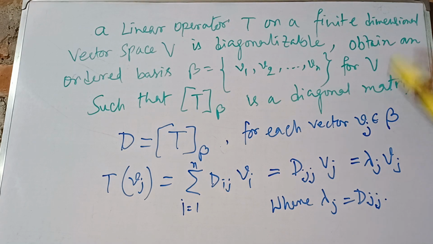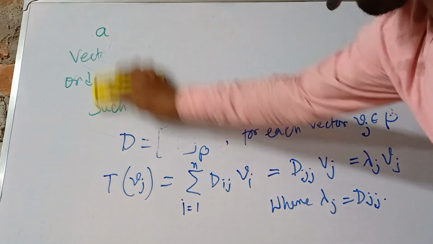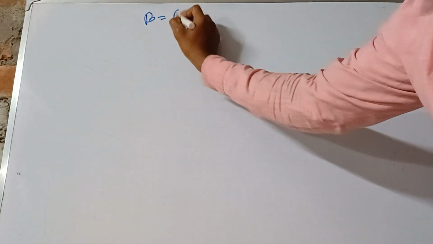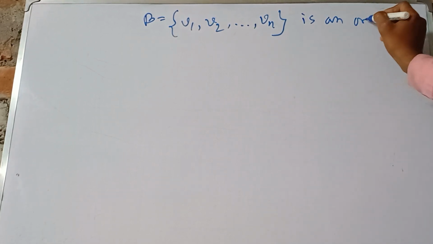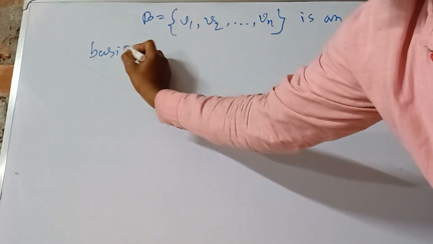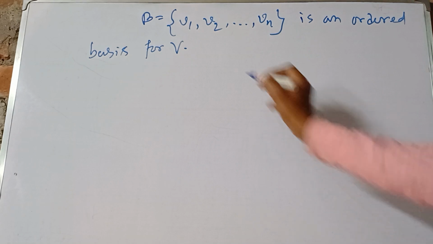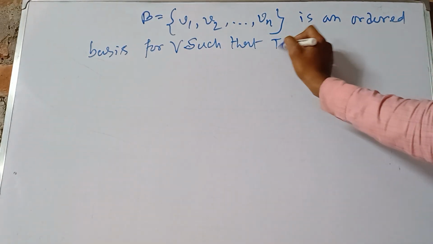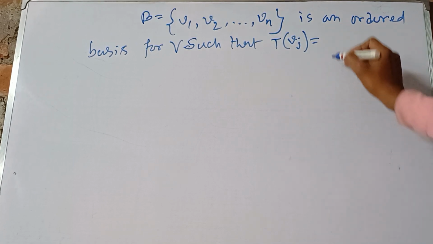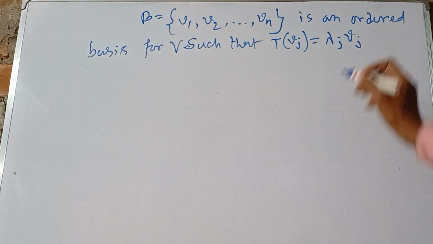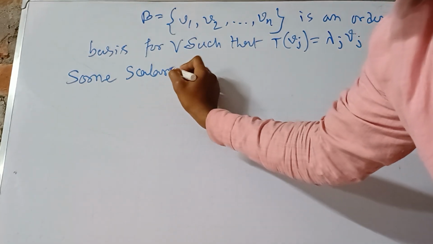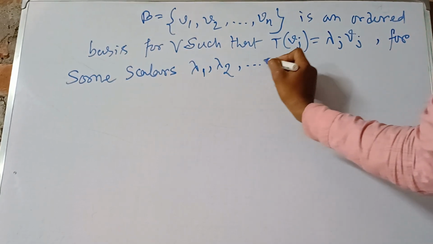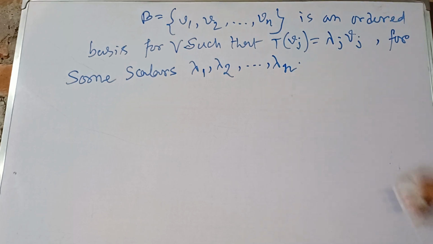Suppose beta equals v1, v2, dot dot dot, vn, is an ordered basis for V such that T of vj equals lambda j vj for some scalar lambda j.